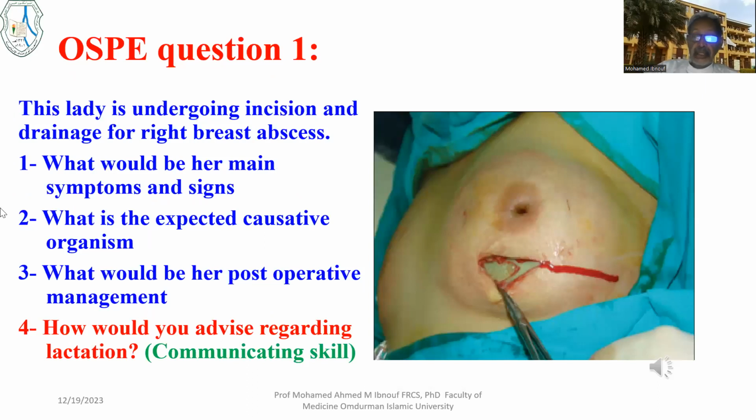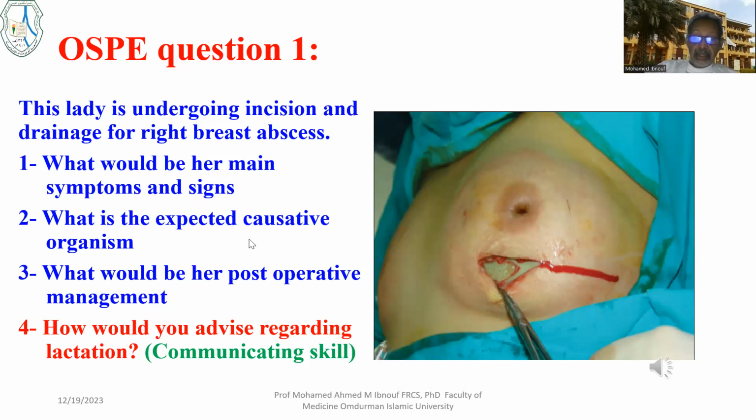Now some questions, particularly OSPE questions to enhance student learning. This is a difficult question. This is a lady undergoing incision for drainage of a right breast abscess. What would be her main symptoms and signs?